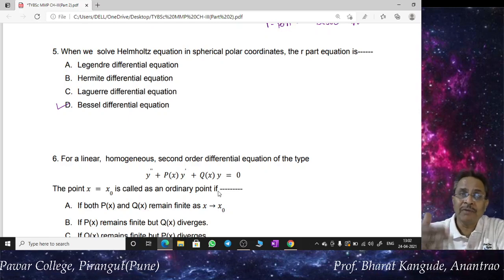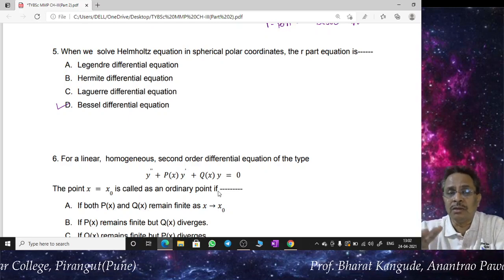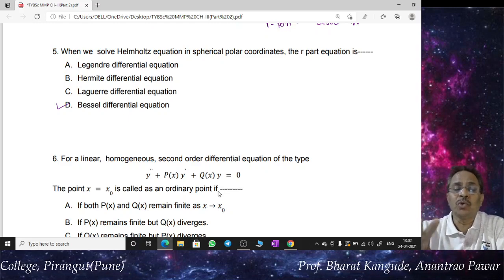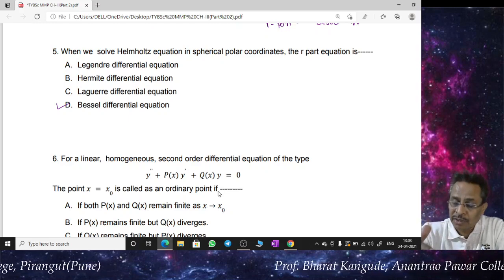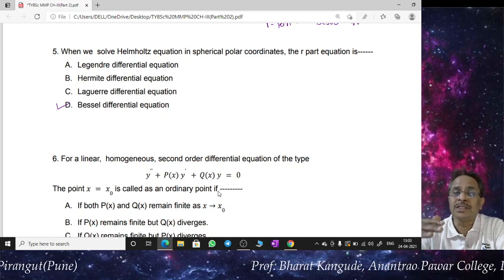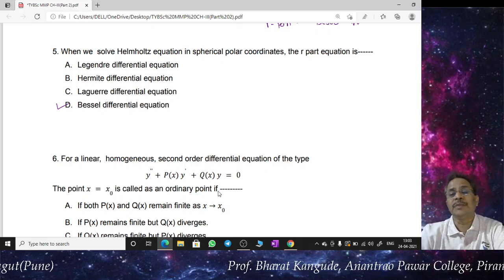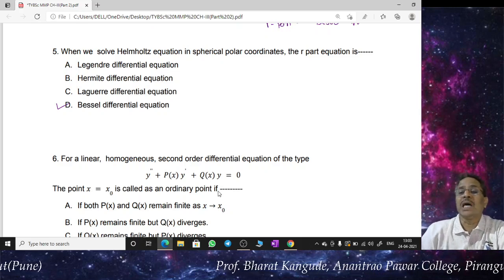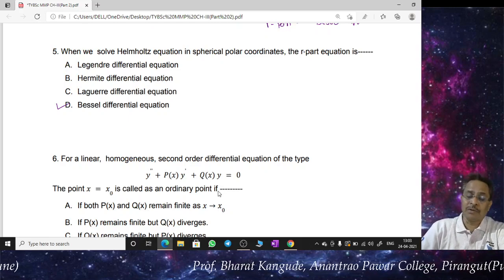So try to identify the origins of these four standard differential equations: from where we get Legendre, from where we get Hermite, from where we get Laguerre, and similarly from where we get Bessel. As we have already discussed, solving the Helmholtz equation in the spherical polar coordinate system gives the r part equation, capital R or small r we can use.